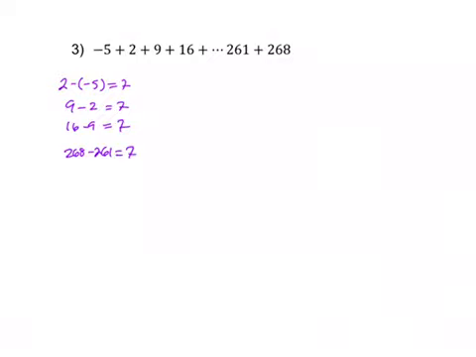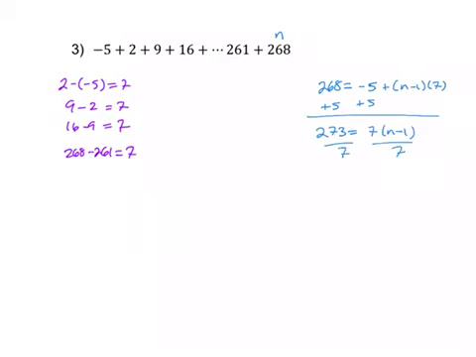Again, I'm going to start by finding the position of the 268. So 268 equals the first term, -5, plus n minus 1 times 7. I'm going to add 5 on both sides. So 273 equals 7 times n minus 1.